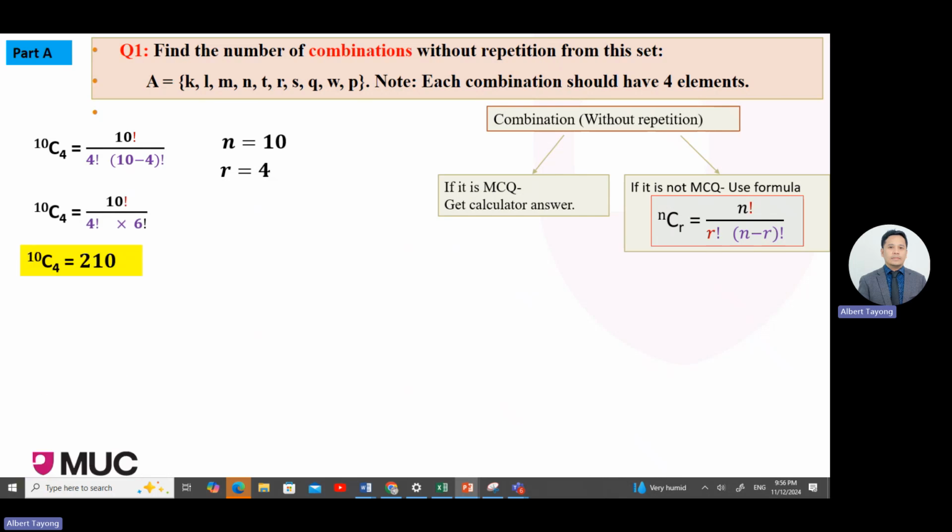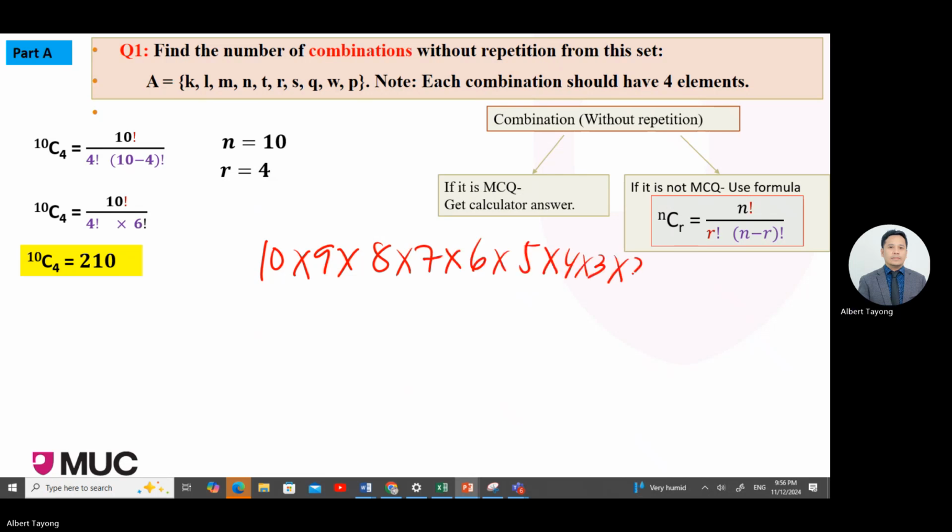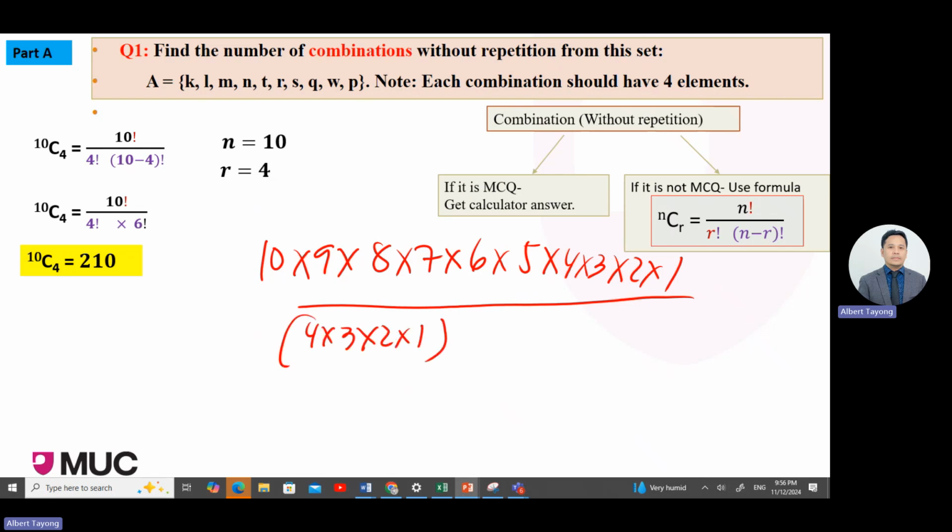You may check this one manually or using your calculator. Manually, of course, it is 10 times 9 until 1. Okay, 10 times 9 times 8 and 7, 6, 5, 4, 3, 2, 1. And below is 4 times 3 times 2 times 1, that is for the 4 factorial, and 6 factorial, 6 times 5 until 1.